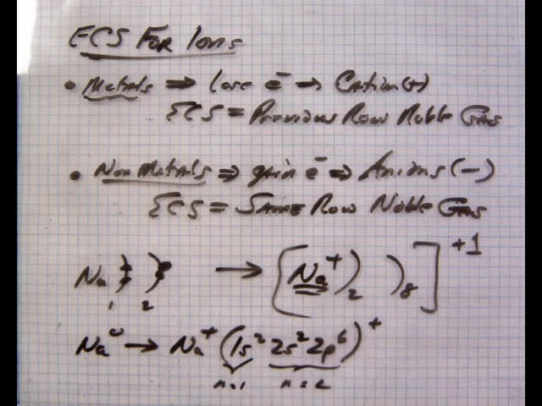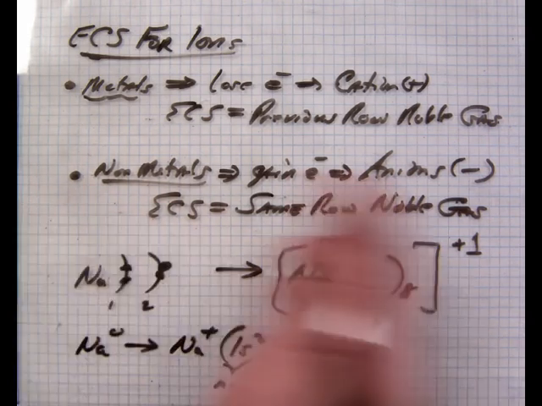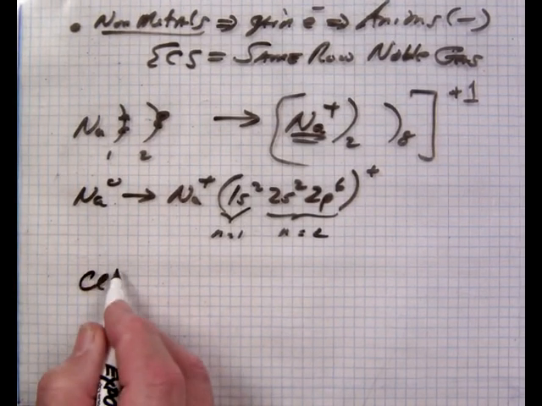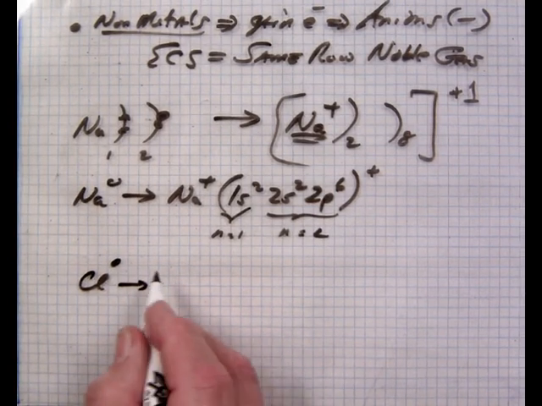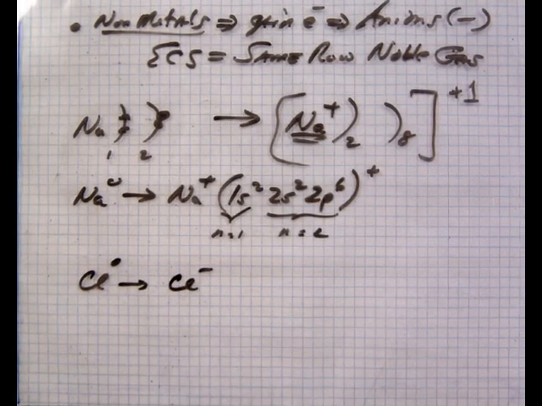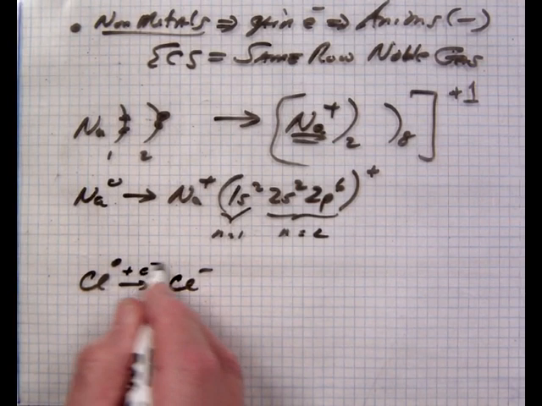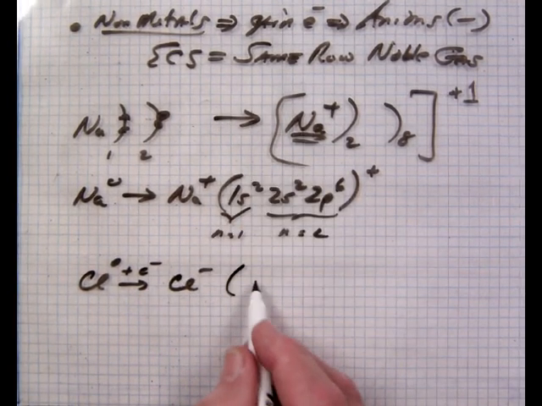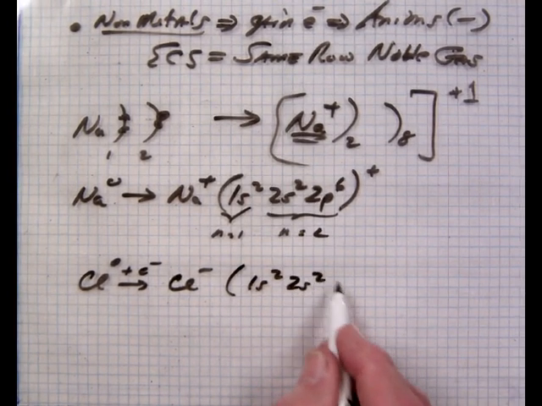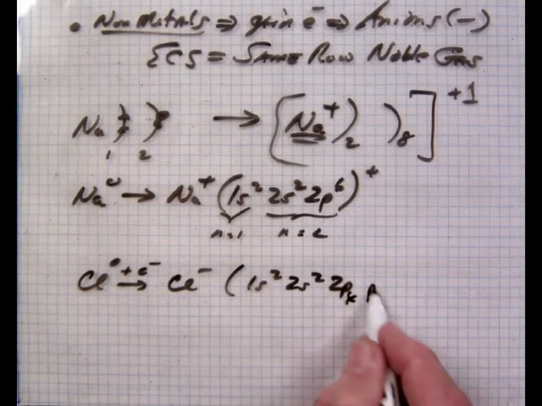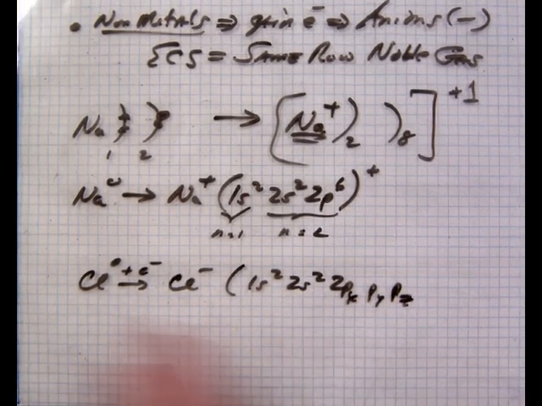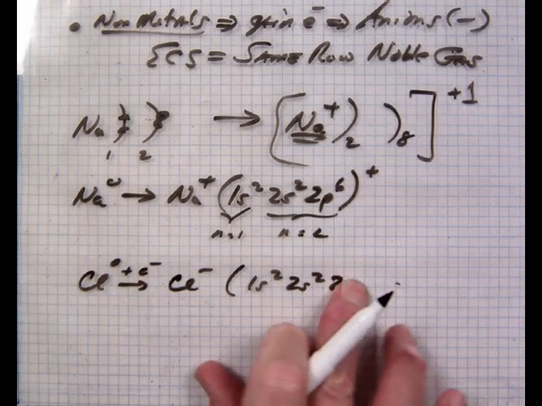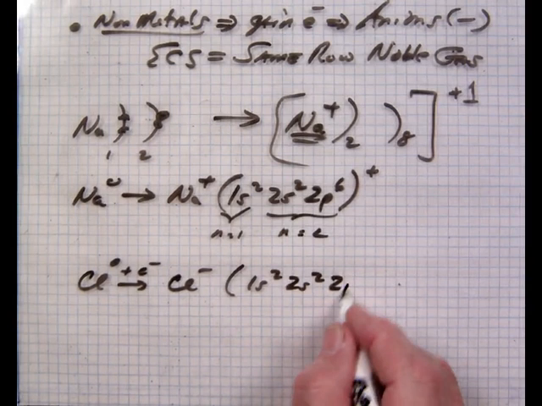Okay. Now on the other end, for the non-metals, say we have chlorine. It goes to Cl minus 1, so it gains an electron right here. So we'll write 1s2, 2s2, 2px, py, pz. Is it a third row? Yeah. Let me just go ahead and do it. P6.